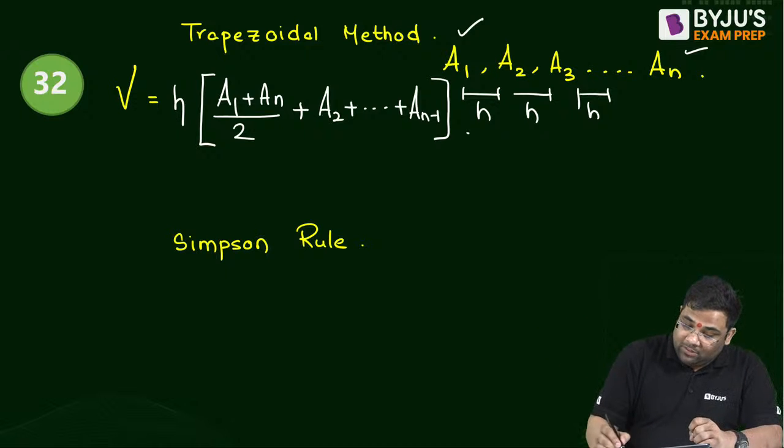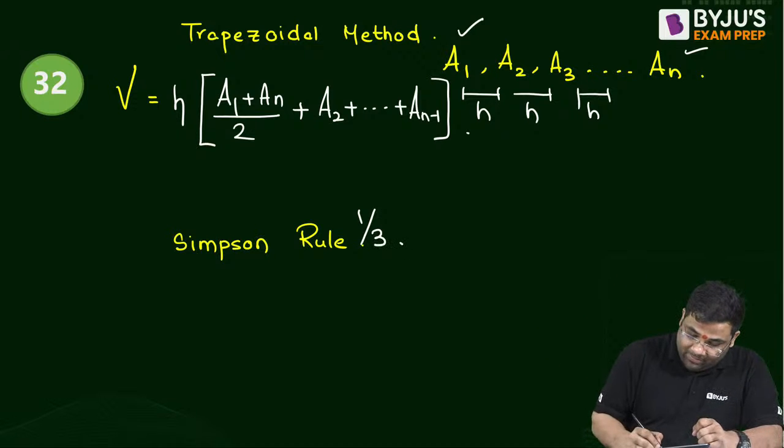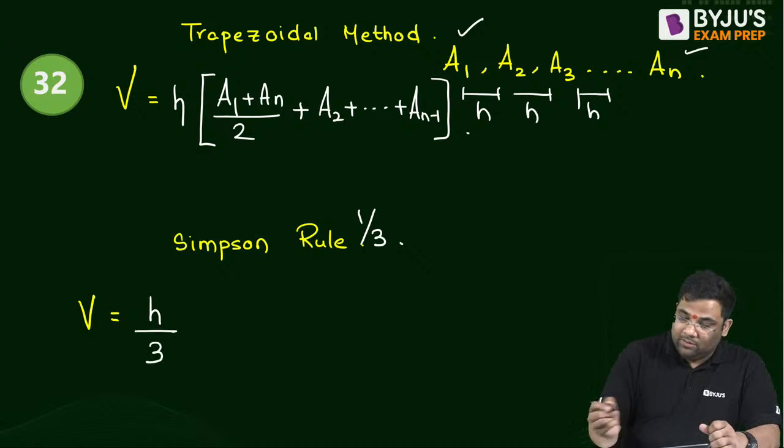Now when it comes to Simpson 1/3 rule, how to remember the formula? First write down V is equal to H by 3, since it is the 1/3 rule.